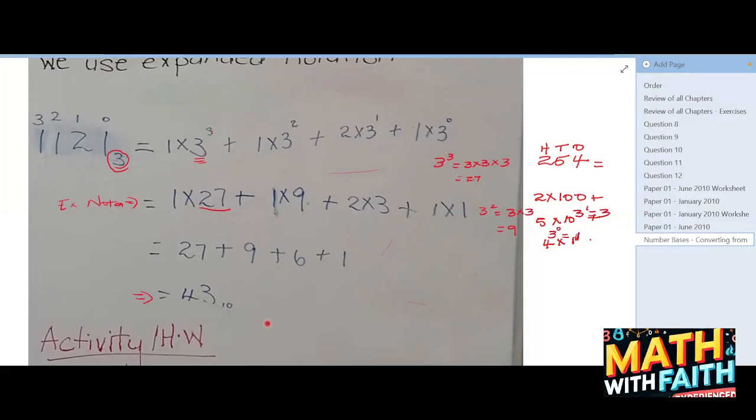I hope that is understood very well. Listen to the different parts of the video wherever you got confused so that it can cement in your mind and you can do the exercise well. All right, so that's how you can use expanded notation to change from one base to base 10.